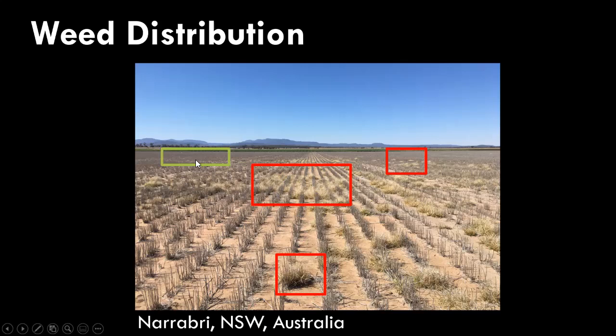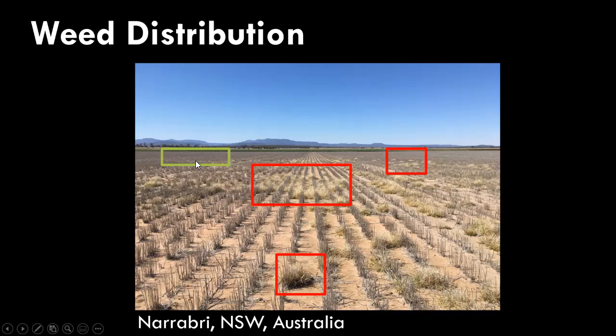It represents the range of different weed densities that might be present in a crop. So you could have individual weeds like you have here. You might have large clumps where there are dense clusters of weeds. Or over on the right here, there might be sparser clusters or even no weeds at all, as you have on the left.